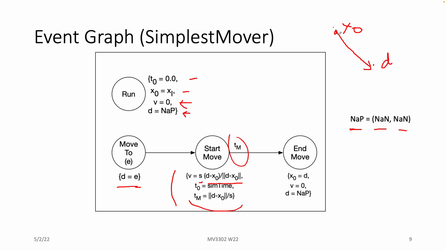That will give me a vector in the direction that I want to go at the speed that I want. Now the time that I'm starting is my current time, and I need to make sure to do that after I do the other. And the time it's going to take me to get there is the distance divided by the speed.